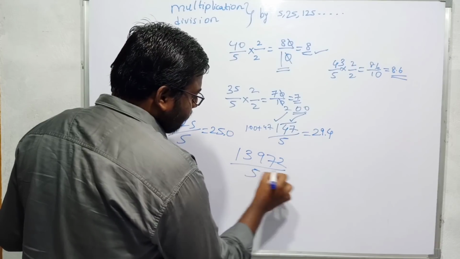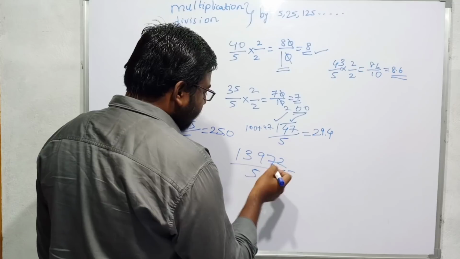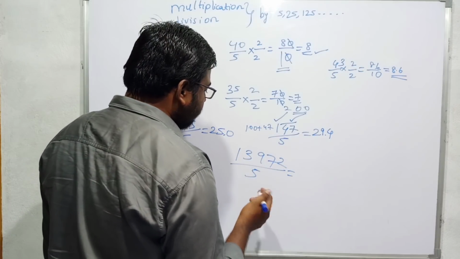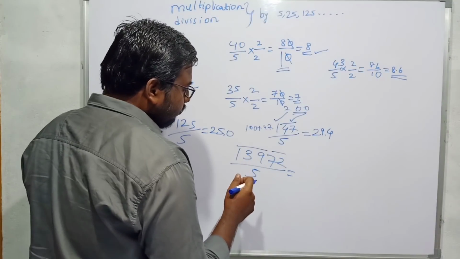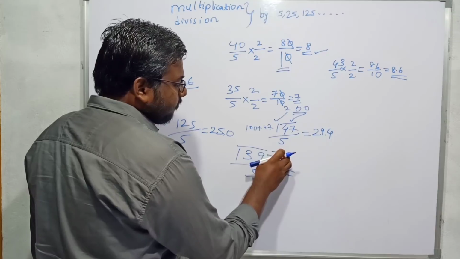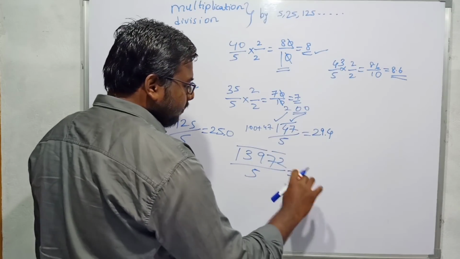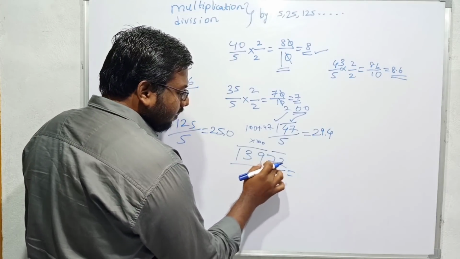For example, 13972 divided by 5. In this type of cases, you can calculate like this by 2. You can calculate without touching the pen also. How? Let us see. I will group this. I will make this into 2 groups because I can exactly take the last 2 digits because I will get into 100 here because I have 2 digits left after it.